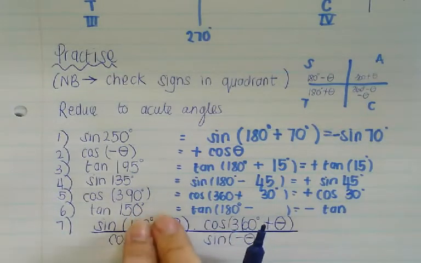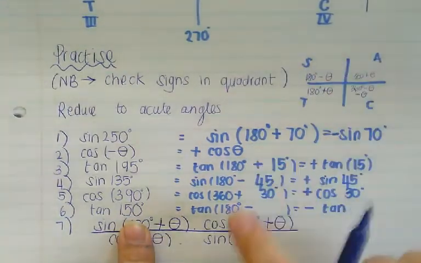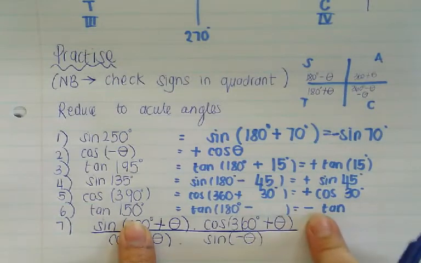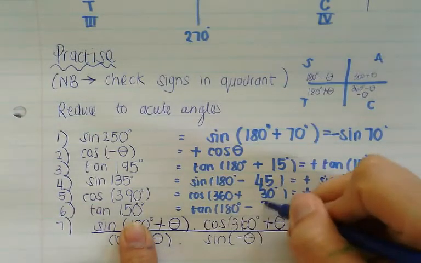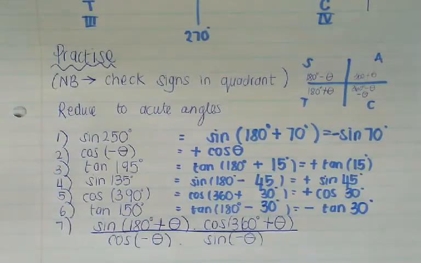And the last one of the easier ones, 150, is in that second quadrant, which is 180 minus theta. Tan is negative in that quadrant. What do I minus to get to 150? I minus 30 degrees. So that would be the same as saying negative tan 30 degrees.